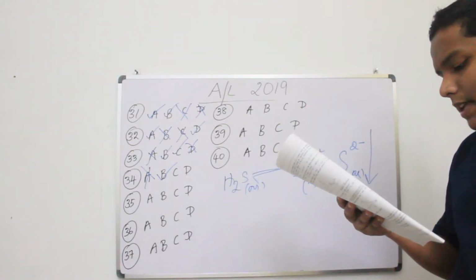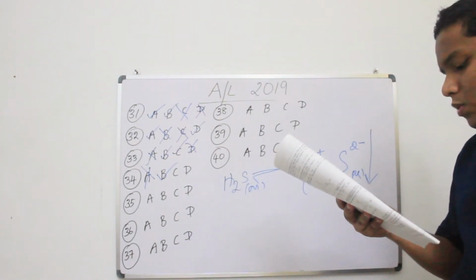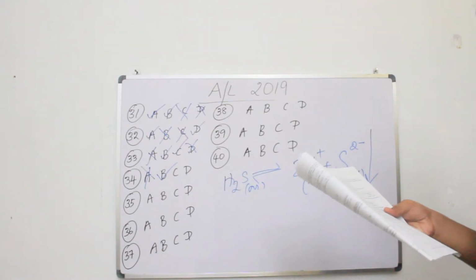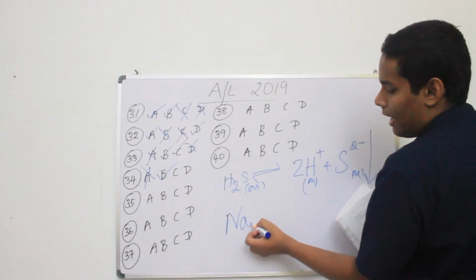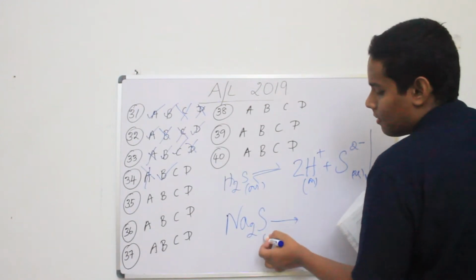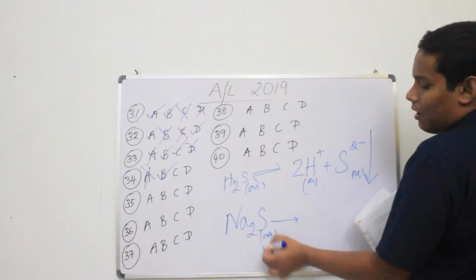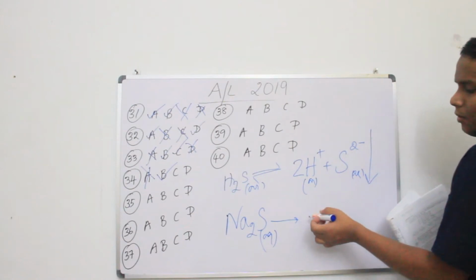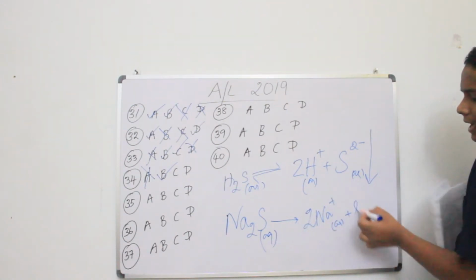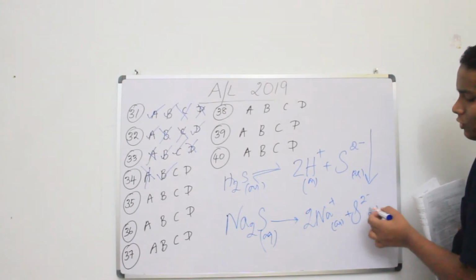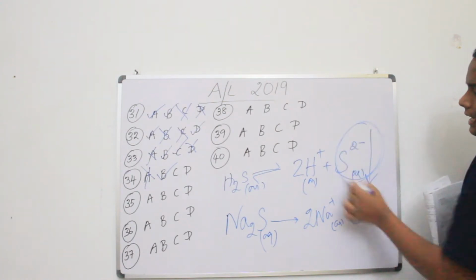C. Addition of Na2S to the solution decreases the dissociation of dissolved H2S. Na2S, a salt, directly dissociates to give you 2Na plus plus S2 minus, aqueous. So the S2 minus concentration increases.